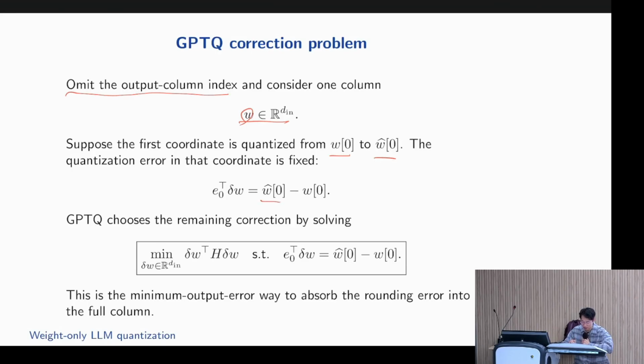That's basically the difference between the dequantized first coordinate minus the original weight. So in short, we're going to write it as a standard basis vector where it's 1 and all zeros. Notice we changed it to small delta because we're just talking about a single output column.